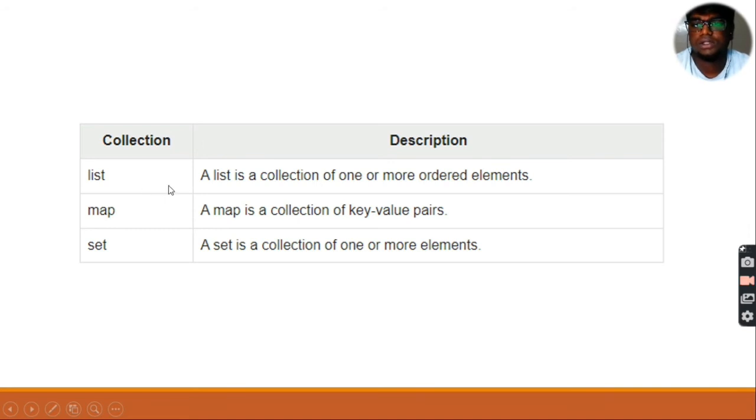Did you understand? So I repeat again. A list is a collection of one or more ordered elements. A map is a collection of key-value pairs. And the last one, set. A set is a collection of one or more elements.